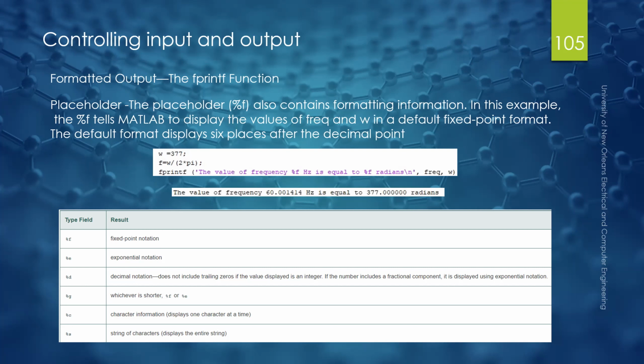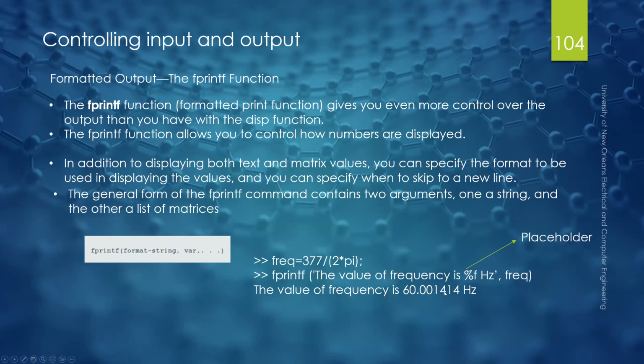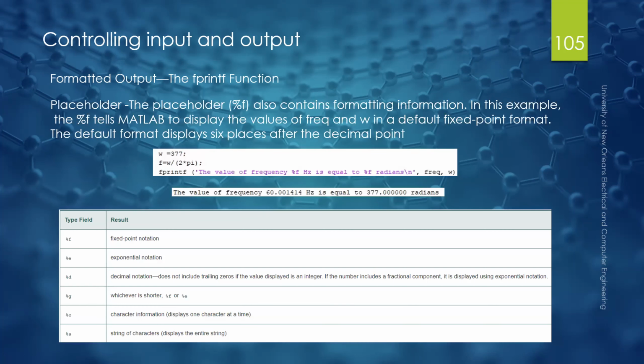The default format is going to give you 6 places. That's why in the previous slide you saw 6 decimal places by default, because all we're telling the program is to display it as a decimal number in fixed point format with 6 decimal places. However, you can specify how many places you want, and we'll see that in just a minute.